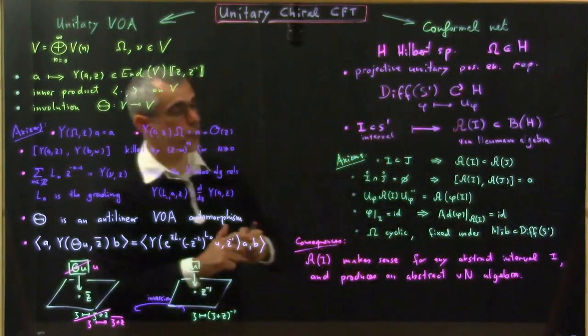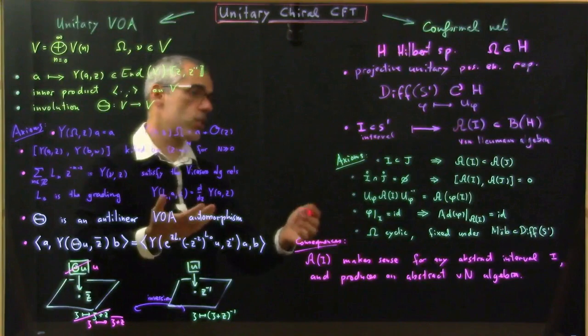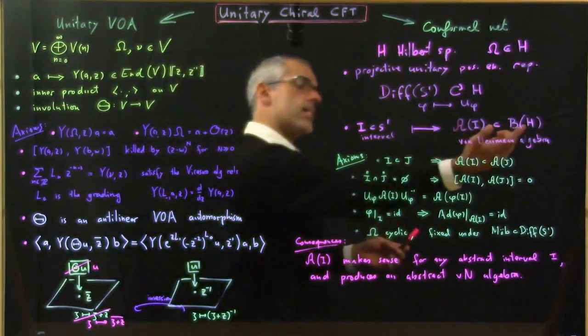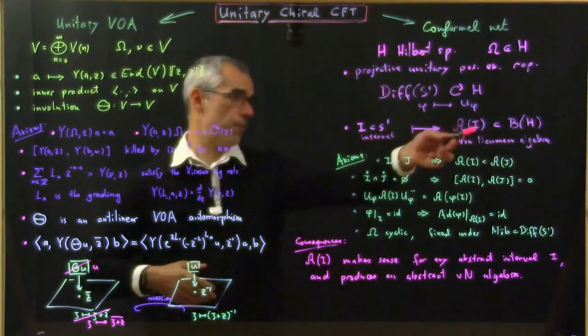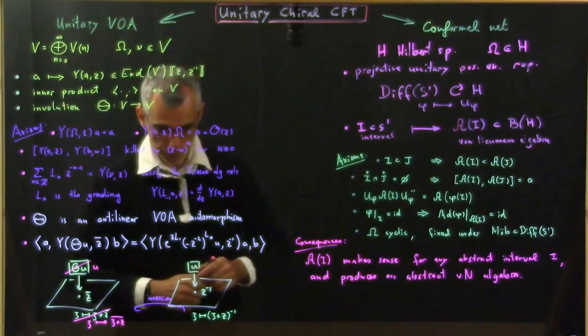And produces an abstract von Neumann algebra, i.e. a von Neumann algebra that's not embedded inside B of H, inside the algebra of bounded operators on a Hilbert space.